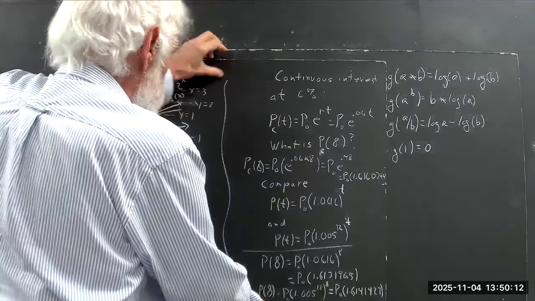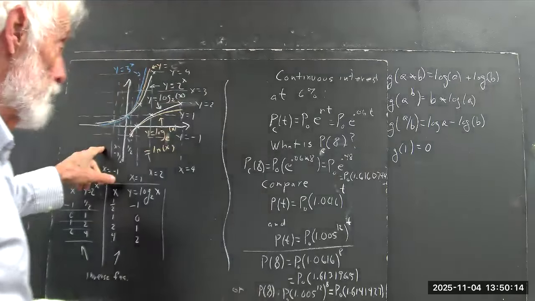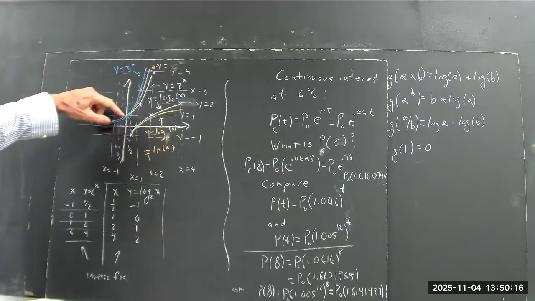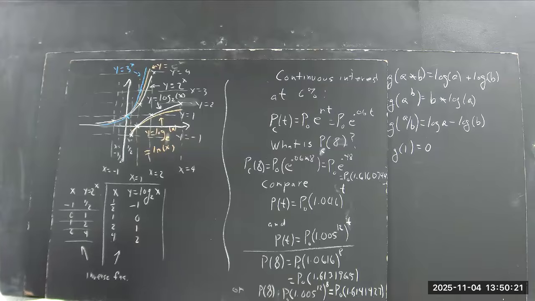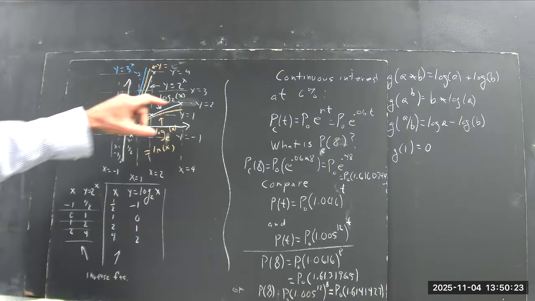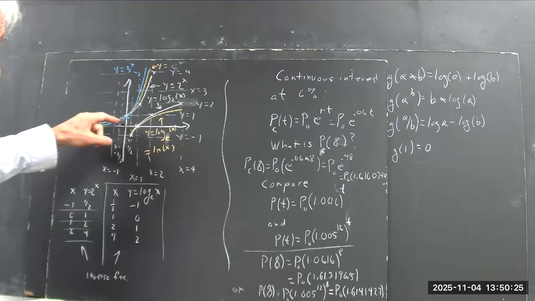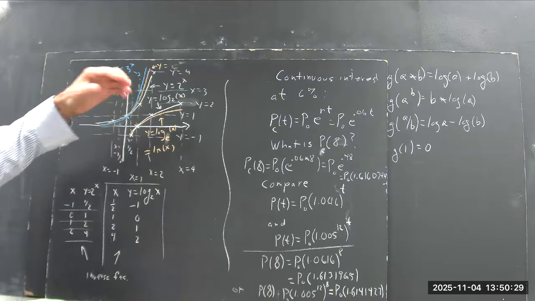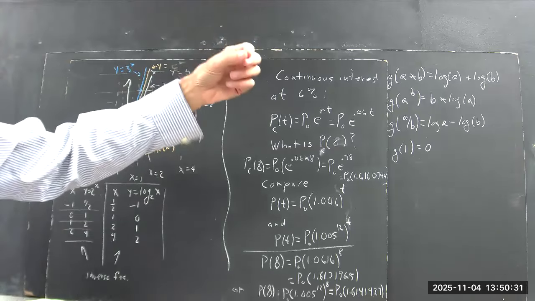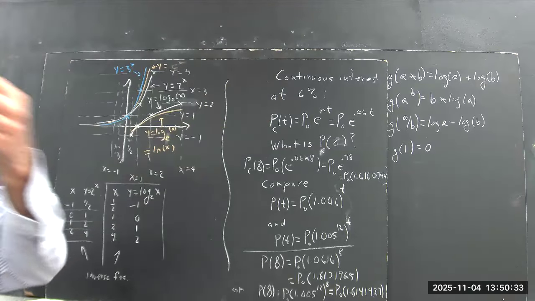And to explain that one just real quickly, in terms of a picture, you notice that every log function goes through the point 1, 0. Every exponential function, any base to the x, is going to go through the point 0, 1, because when x is 0, whatever that base is raised to the 0 power gives you 1.